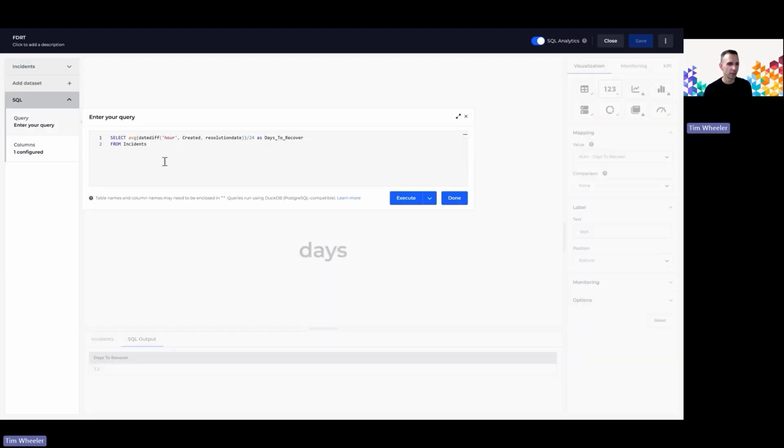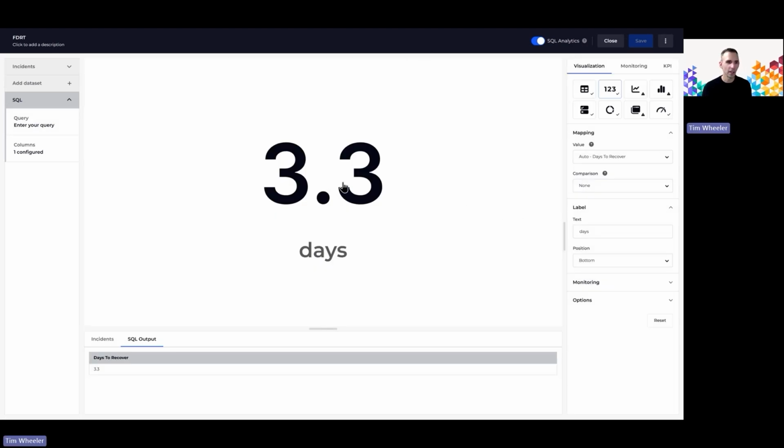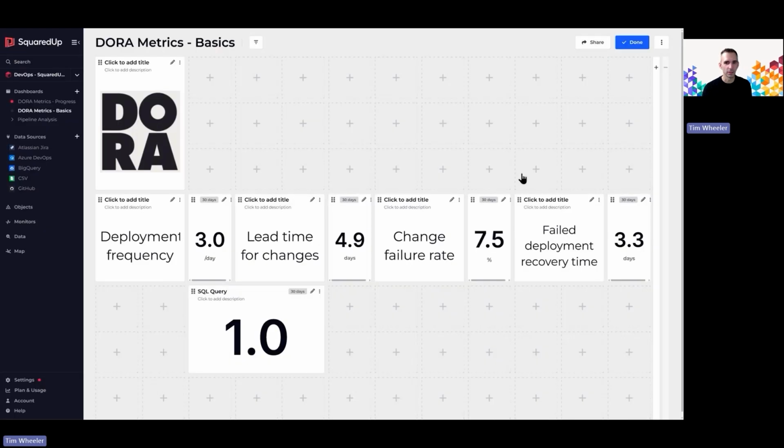And then the calculation, again, is the amount of time it's taken between that JIRA being raised and the resolution date. In other places, for instance, you might have ServiceNow, another common tool. And so that's telling me that on average, in the last 30 days, it's taken me 3.3 days for us to recover from those incidents.